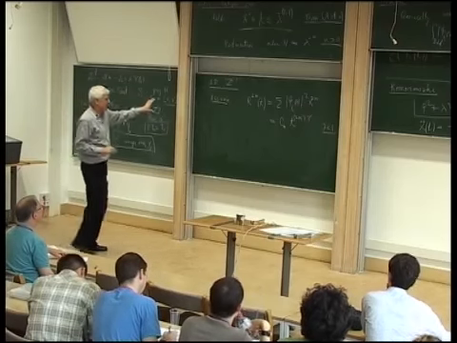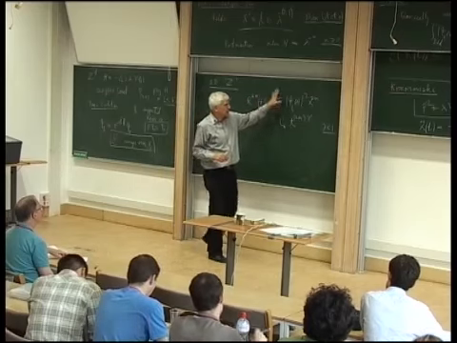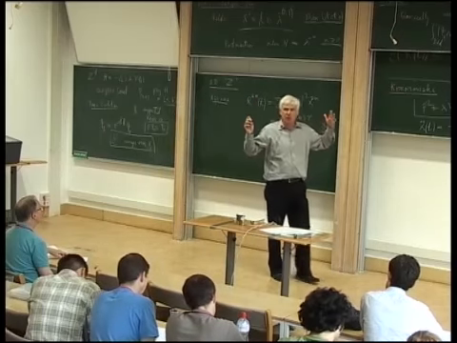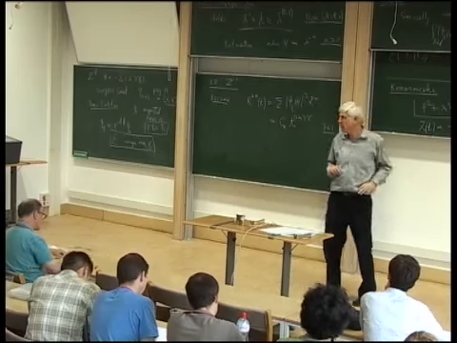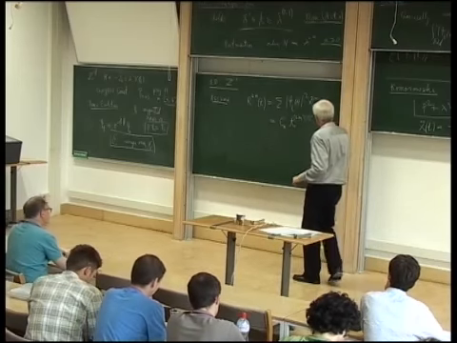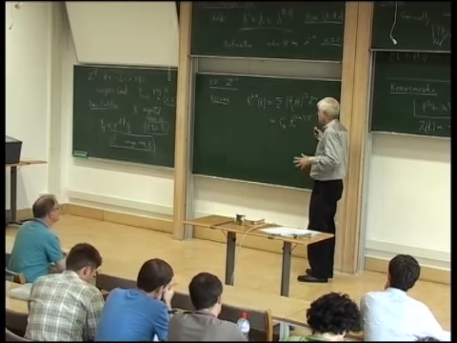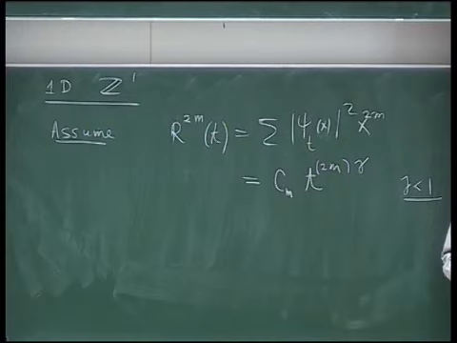So let me make some comments about this. I want to assume that this is true, and that M is large somehow. M might be large depending upon this gamma. If gamma is very close to 1, I might have to make M very large. If gamma is not so close to 1, I probably don't have to make M so huge.